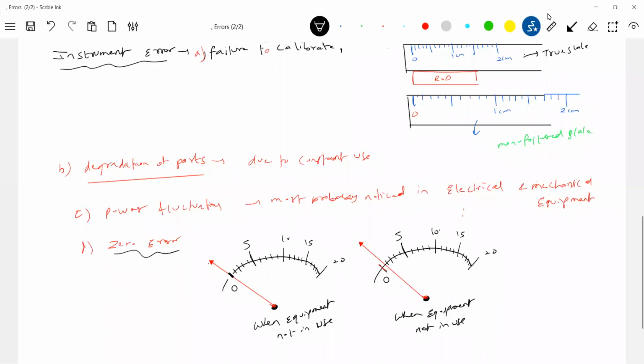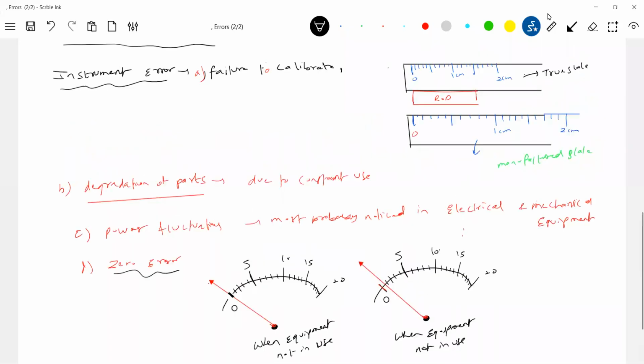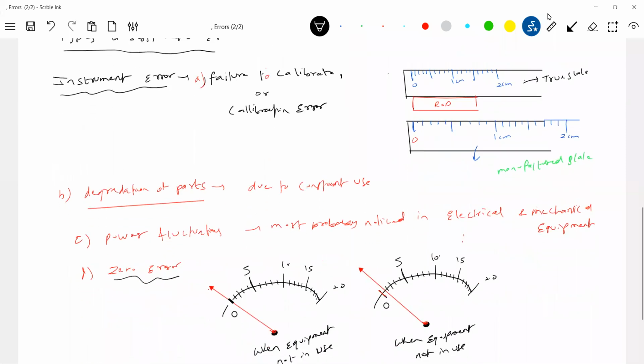Okay, third one. This is about all the instrument errors. It's not well defined; we are just listing all the things. Calibration error, failure to calibrate, degradation of parts due to constant use, power fluctuations, zero error.